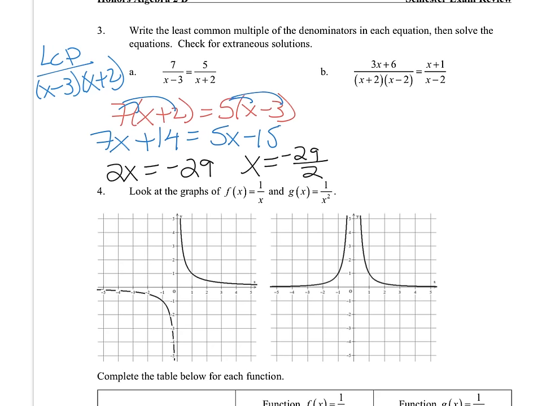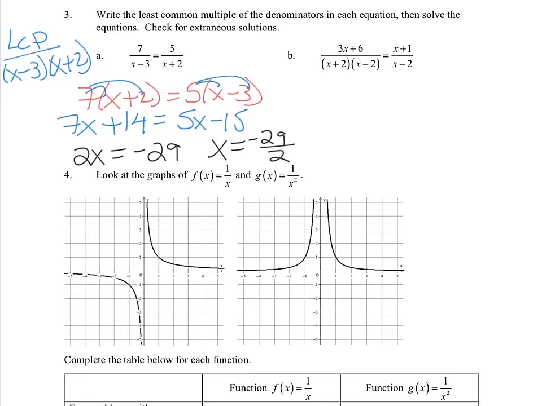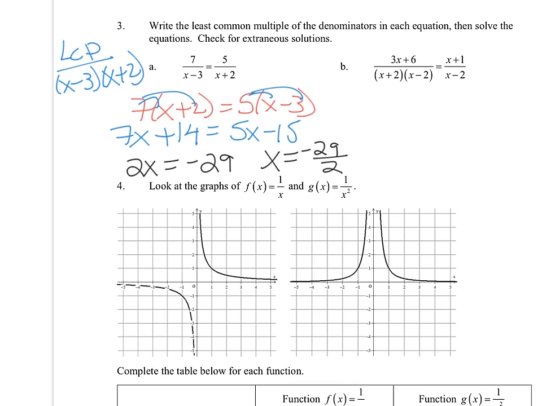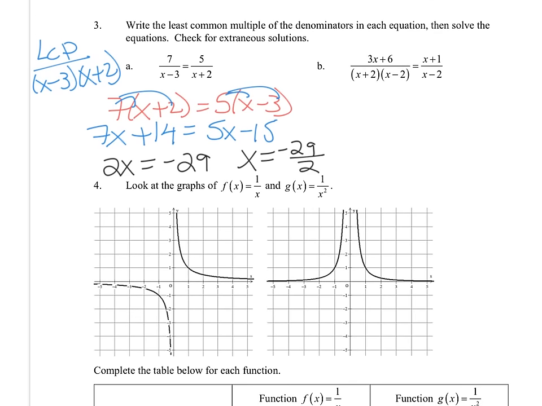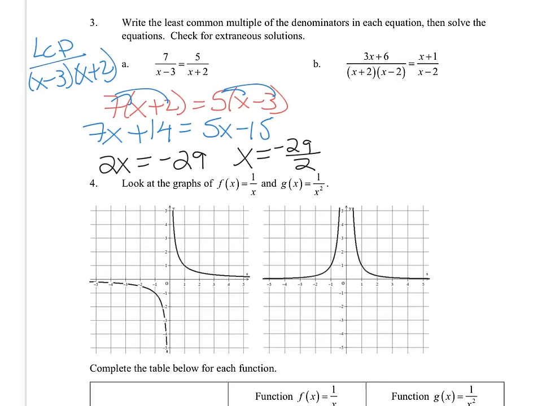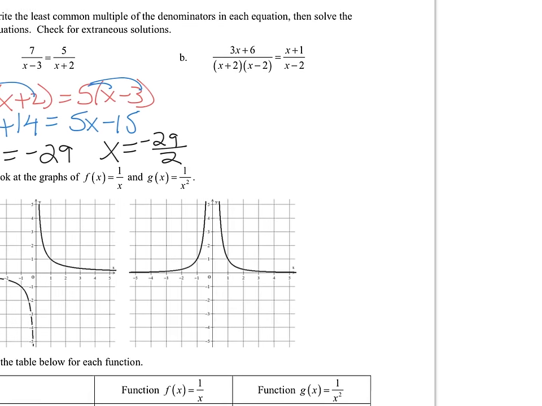To check to see if it's extraneous, you look in the denominator, and we need to think, well, negative 29 over 2, will that make any denominator 0? And in this case, it will not. Negative 29 over 2 minus 3 and negative 29 over 2 plus 2, neither of those equals 0, so it's not extraneous.